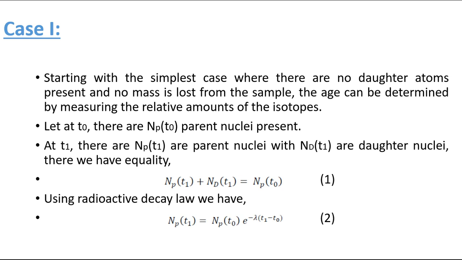At time t1, we have both kinds of nuclei, parent and daughter, Np(t1) plus Nd(t1). Using the radioactive decay law, shown in equation 2, we can find the number of parent nuclei at t1.